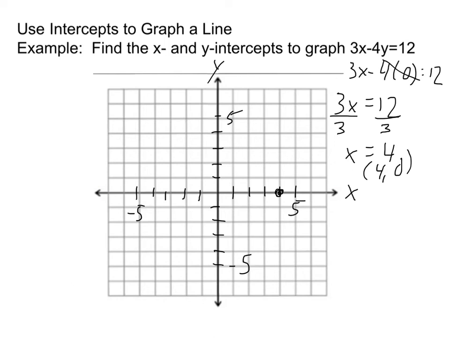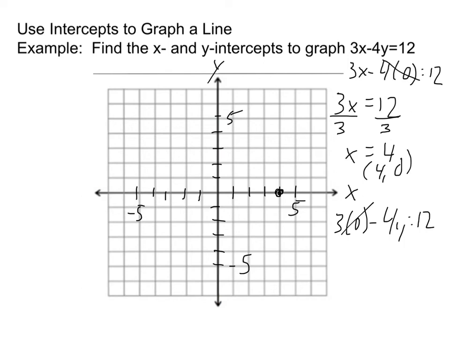My second point would be, if we look at our y-axis, we know everywhere along this y-axis the value of x is equal to 0. So we plug in a 0 for x, and we'd go 3 times 0 instead of x, minus 4y equals 12.